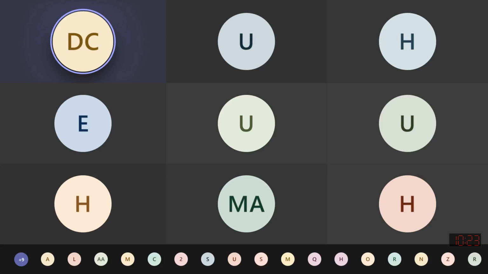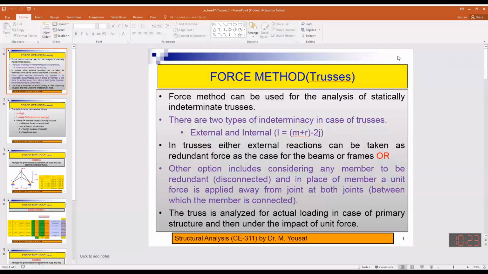Is it clear? Yes, sir. Okay. So the force method can be used for indeterminate trusses, and the degree of indeterminacy can easily be found by the usual formula: DOI equals m plus r minus 2j, where m is the number of members, r the number of reactions, and j the number of joints.